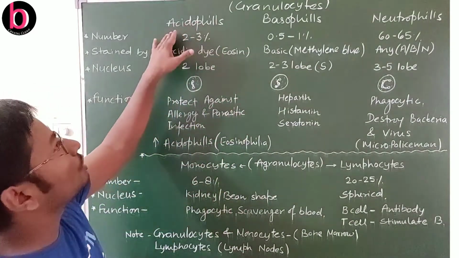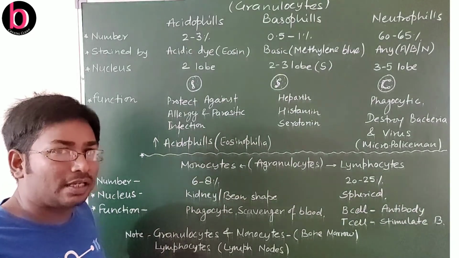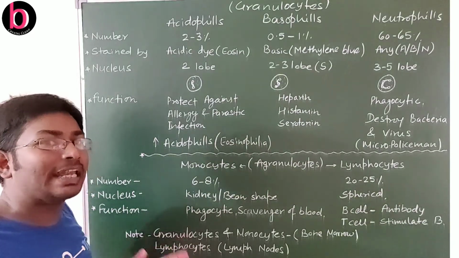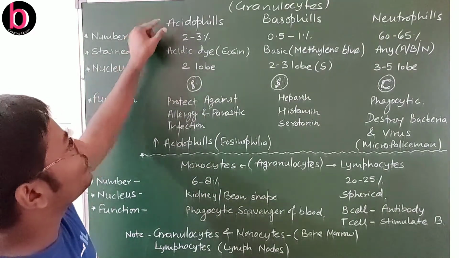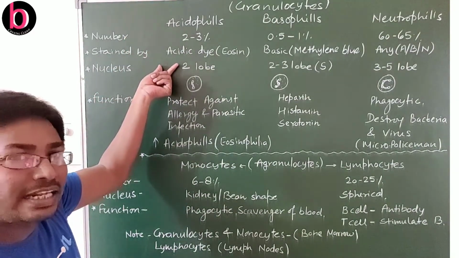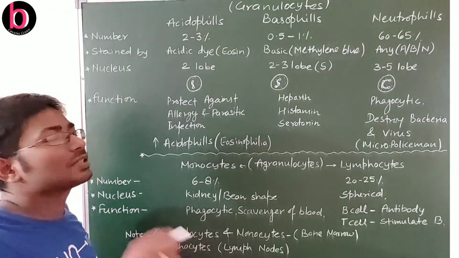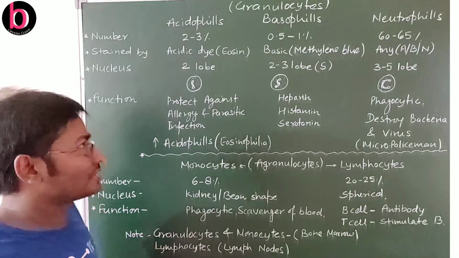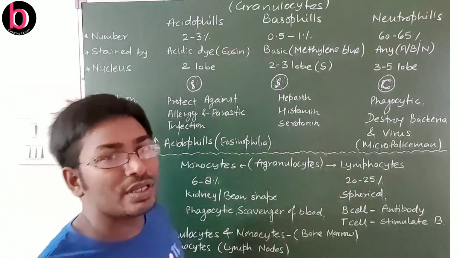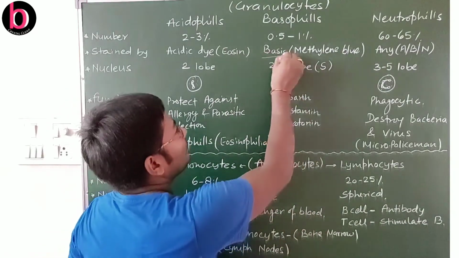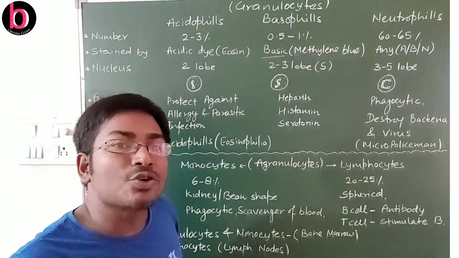Now they are also known by these names because of their staining property, what type of stains they can take. So here this is about staining nature. Acidophils can take acidic stain, meaning they are colored when they come in contact with acidic dyes, for example eosin. Basophils can be stained with basic, that is alkaline dye, that's why they are known as basophils.